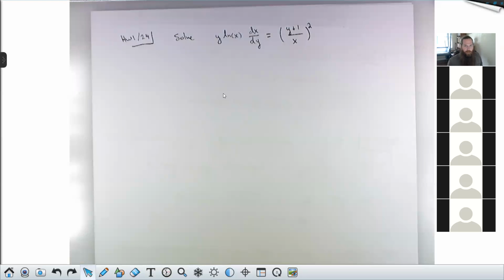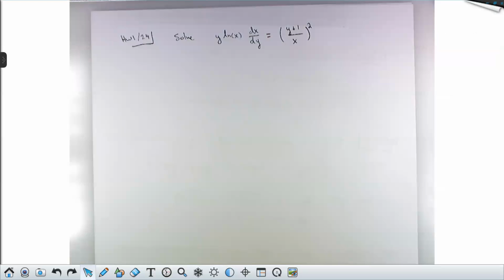Multiply both sides by x squared and then divide by y. Yeah, that's the idea. On the right-hand side, I can treat that as quantity y plus 1 squared over x squared. So let's go ahead and do that.